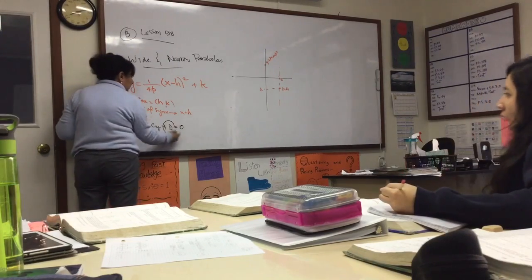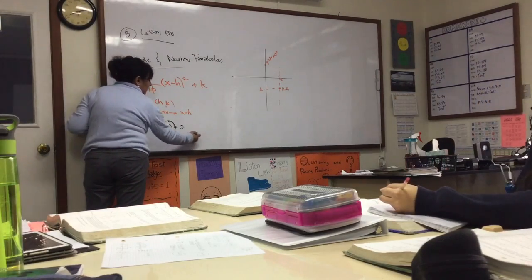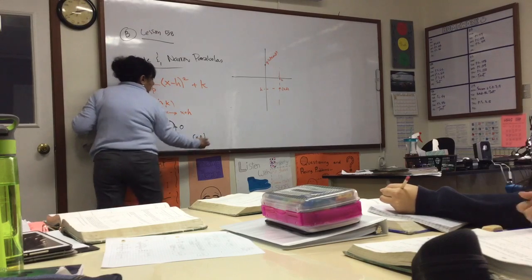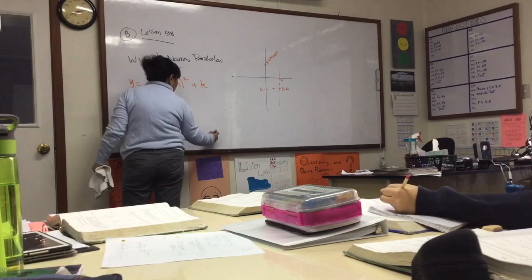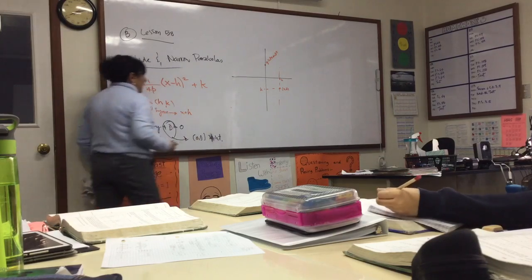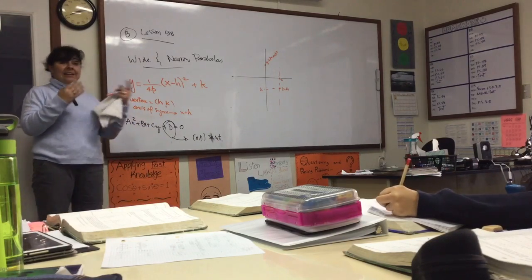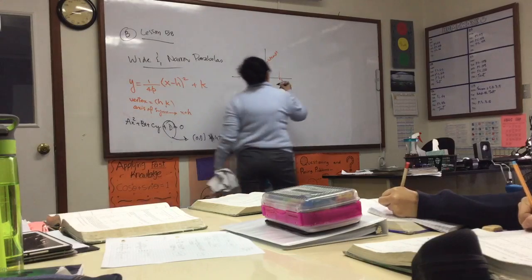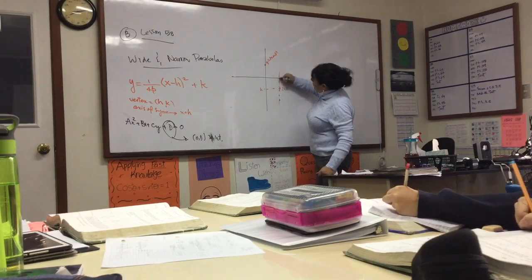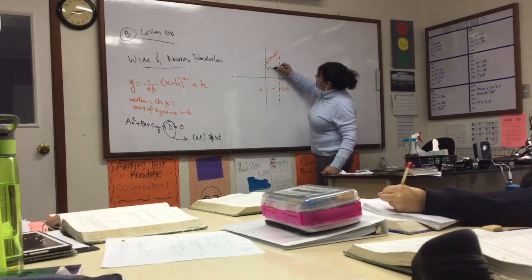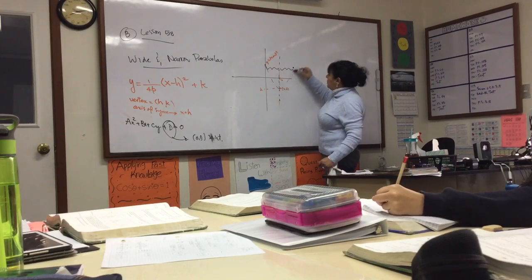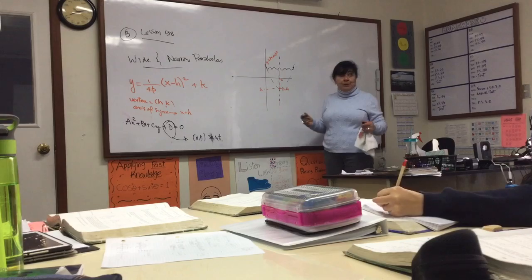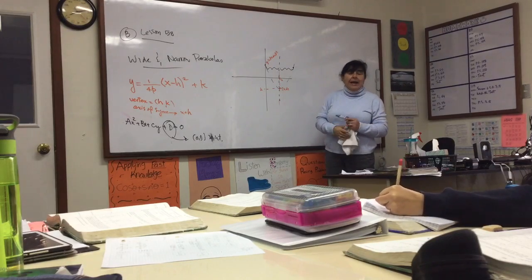This one, 0 comma d, was the y-intercept. And since you have the axis of symmetry going through this, whatever distance you had here, you have to put on the other side, and then you drew your parabola. That's what you've been doing so far, correct?